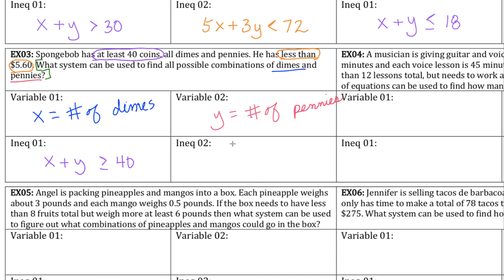It doesn't give us any numbers, but we know that each dime is worth 10 cents, so 10 cents per dime plus 1 cent per penny is going to be less than $5.60. Cool.